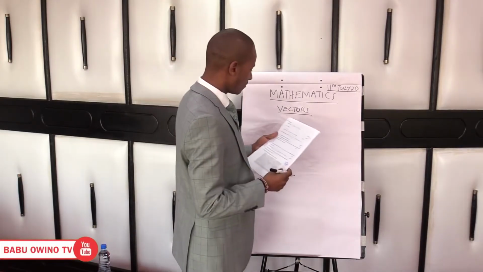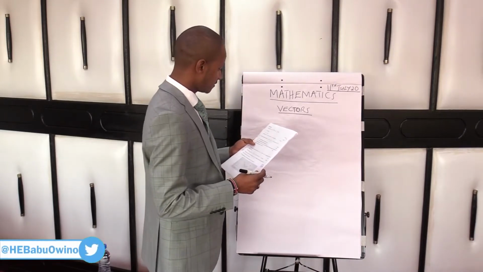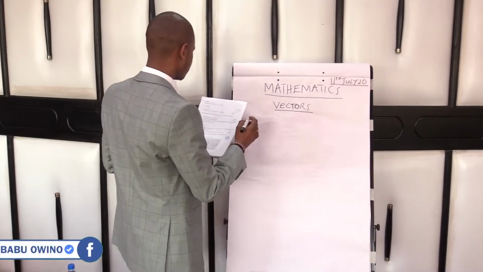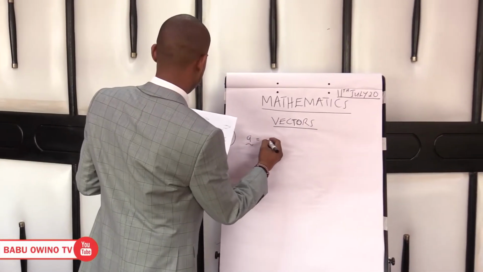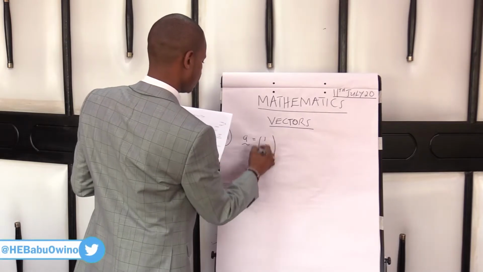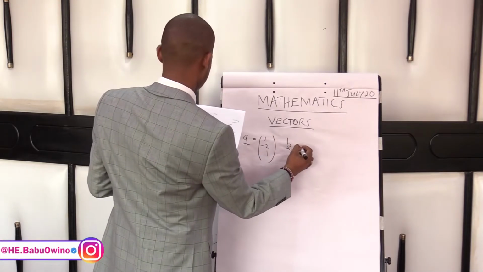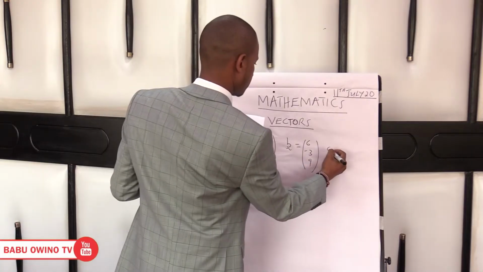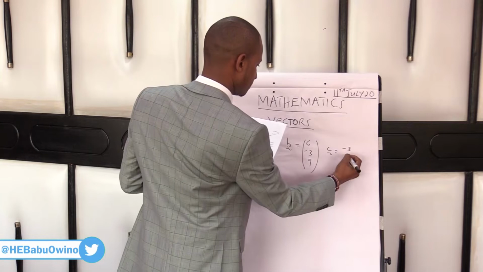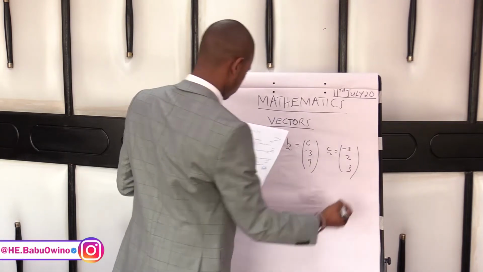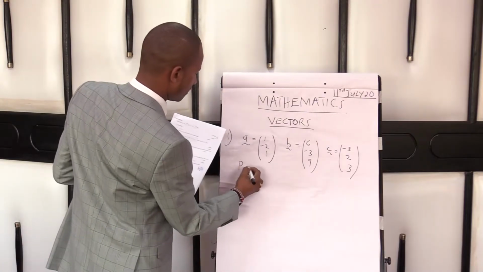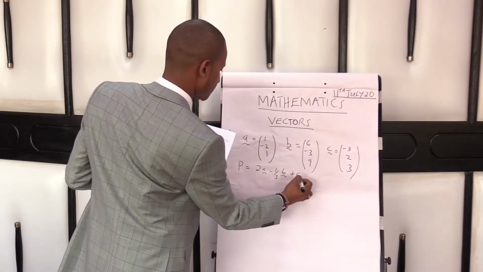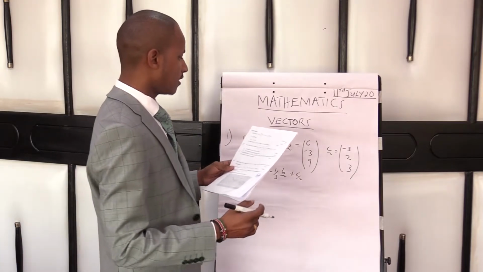So on to our first question, that is, given the column vectors A equals 1, minus 2, 1, and B equals 6, minus 3, 9, C equals minus 3, 2, 3, and that P equals 2A minus a third B plus C. Then you are told to express P as a column vector.